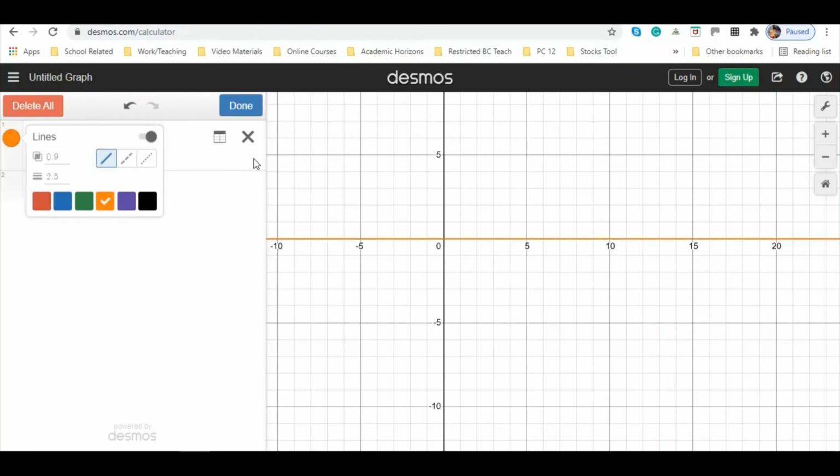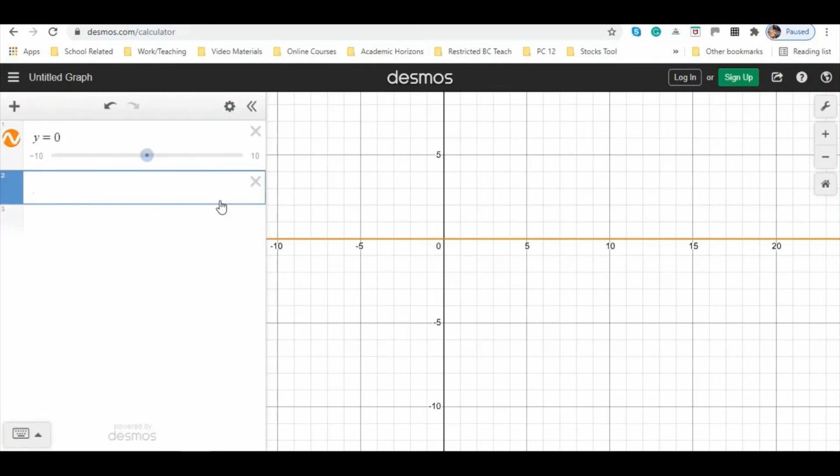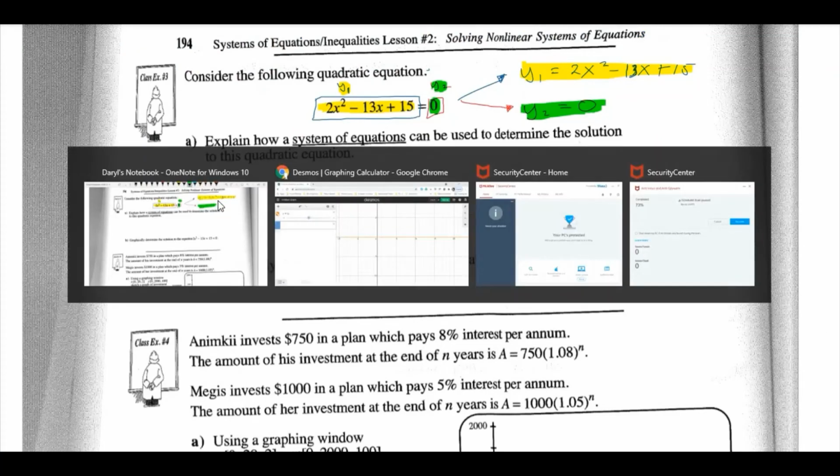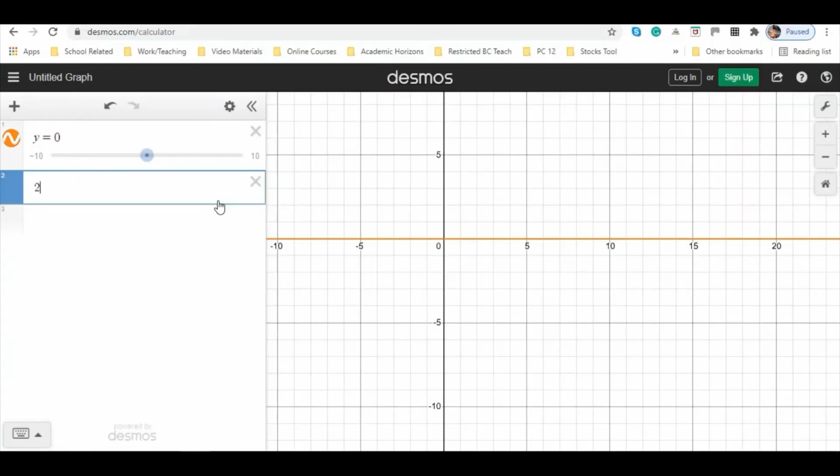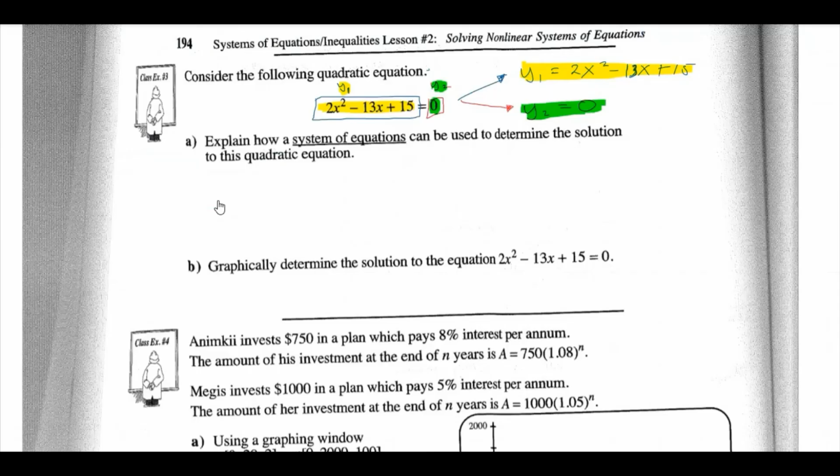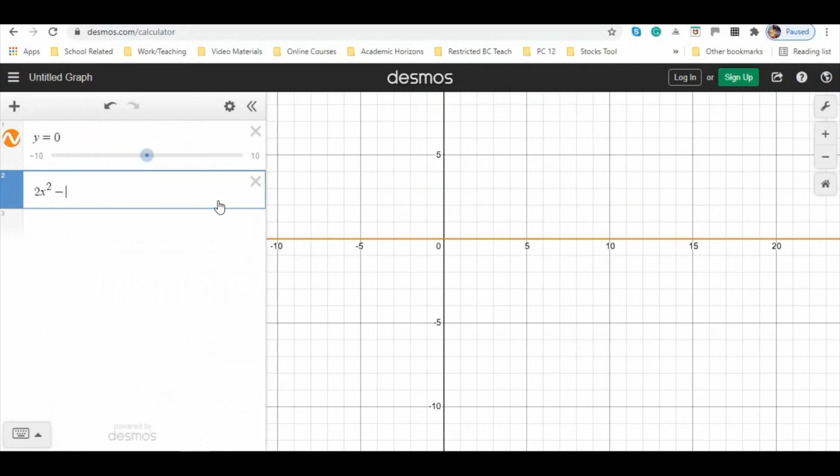It's just a straight line that hits your x-axis. And then the other one would be 2x squared, so you're going to write 2x squared minus 13x plus 15.